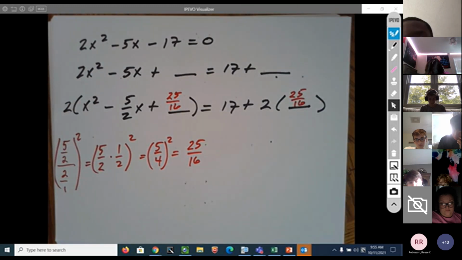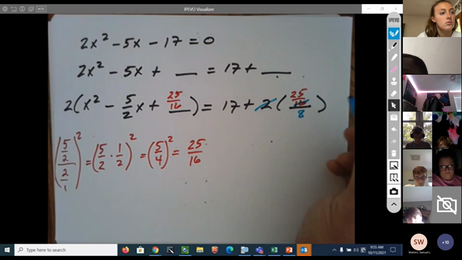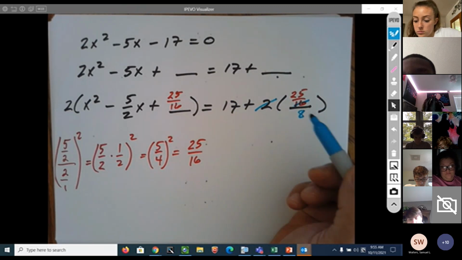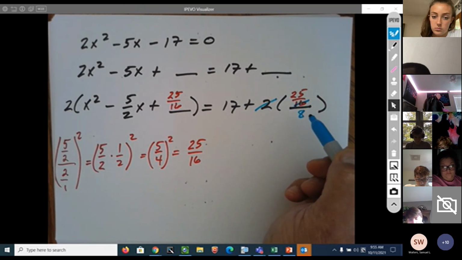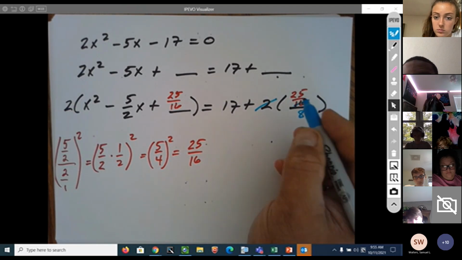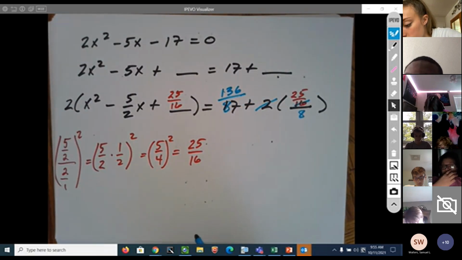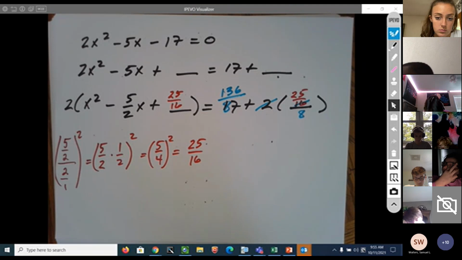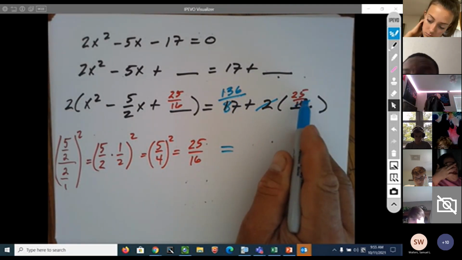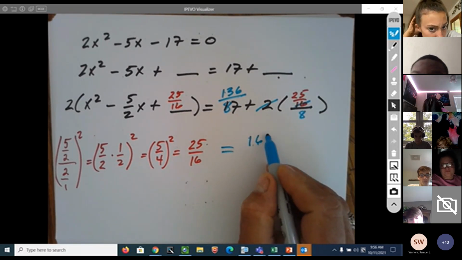And take our blue pen and let's figure out the right side because we've got to cancel that 2 with that 8. So let's change this. Oh my Lord. 8 times 17 is 136. Somebody help me out. 136 over 8? Is it 136? Yeah. At least that's what I got. So that means 136 plus 25 is 161. Somebody check my math.